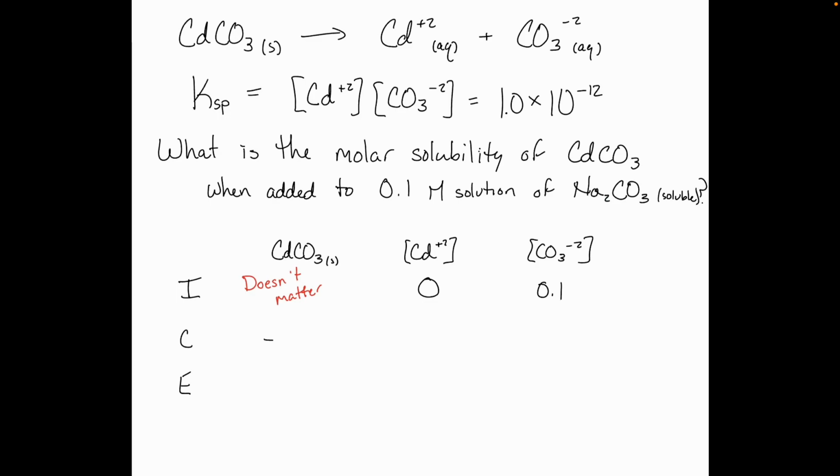Our change is still the same. My reactant's going to decrease. My products are going to increase according to their stoichiometric ratios, which again in this particular problem is just 1 and 1. All right. But now I have X as my cadmium concentration, and 0.1 plus X as my carbonate concentration.